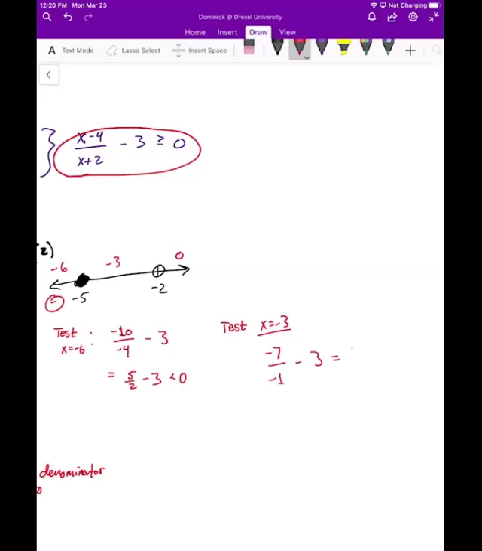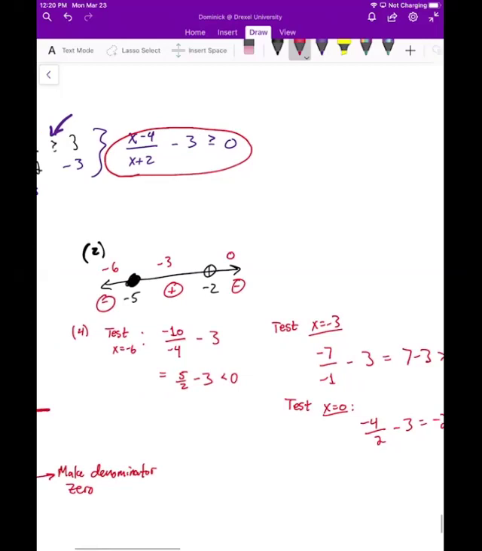But of course, this is just 7 minus 3, which is positive. So this section will be positive. And finally, if we plug in 0, we're going to get -4 over 2 minus 3, which is -2 minus 3, which of course is negative.